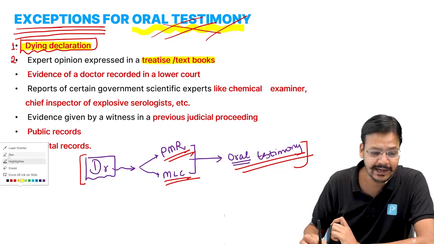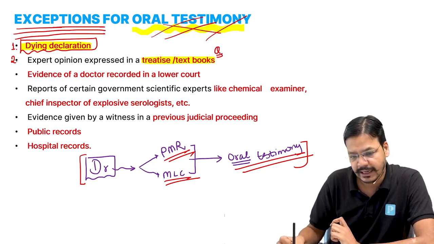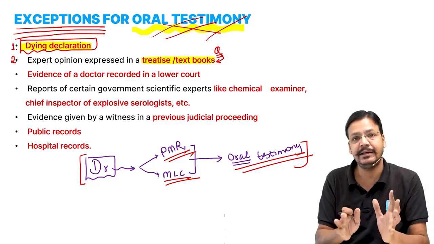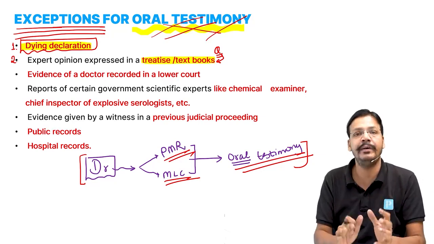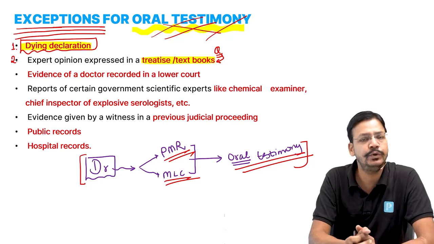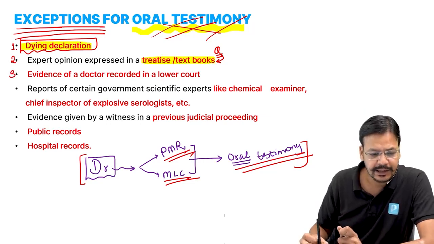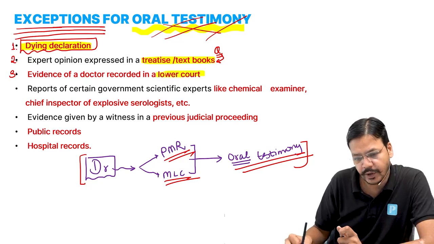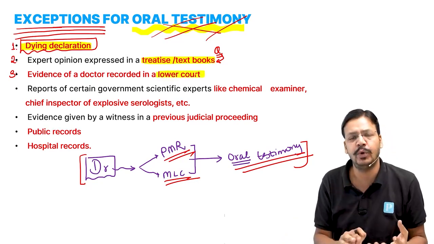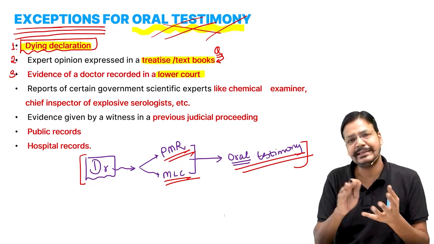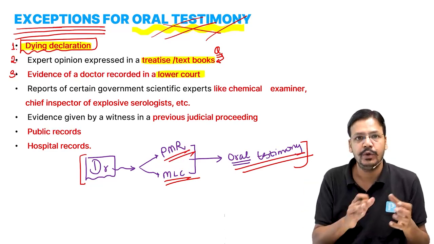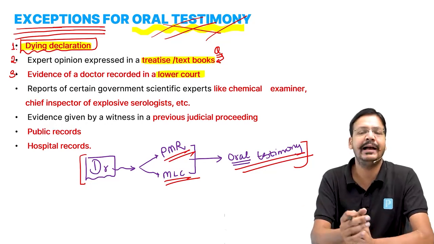So that line or expert opinion given in a textbook is considered a valid document. No oral testimony needed by the author. Number 3, doctor's evidence recorded in the lower court. If the doctor's evidence is recorded in the lower court and the case is appealed in a higher court, no need for the doctor to go again to the higher court.